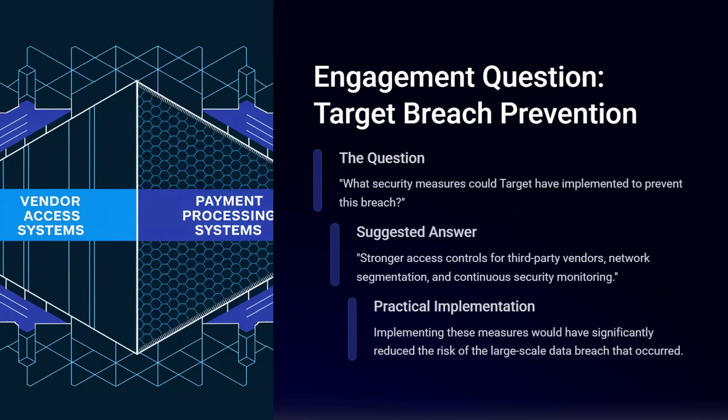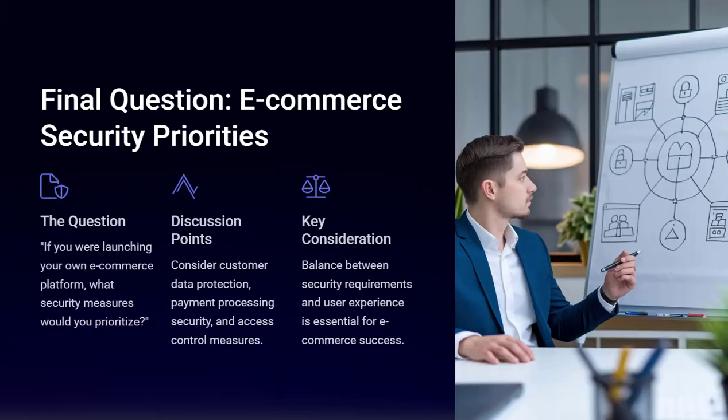The practical implementation here is that implementing these measures would have significantly reduced the risk and impact of the large-scale data breach that occurred at Target. The visual diagram you see on the slide illustrates how network segmentation can isolate vendor access systems from critical payment processing systems, creating a security barrier.